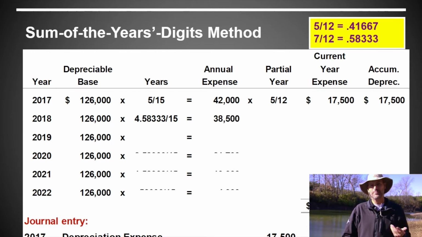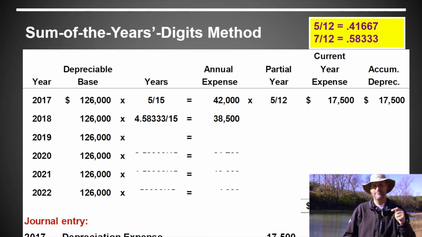Now, how much of the partial year do we have? Well, the first year was 5/12. The second year is 7/12. So 7/12 is actually 0.58333 is the calculation there. So we're actually going to take 4.58333 over 15. That is the depreciation percentage that we're taking.